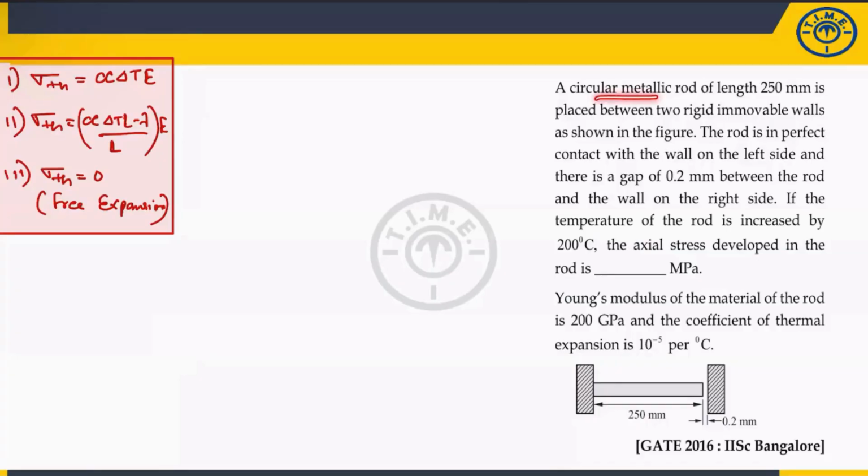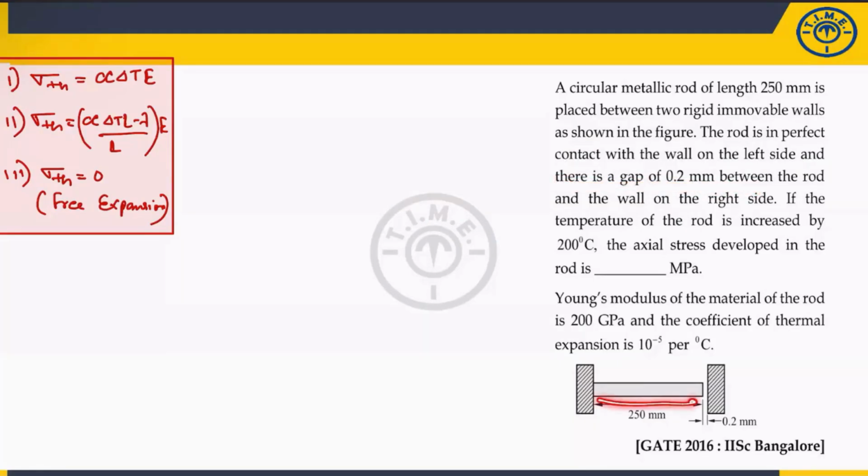What is this question? A circular metallic rod, of length 250 millimeter, is placed between two rigid immovable walls as shown in the figure. The rod is in perfect contact with the wall on the left side, and there is a gap of 0.2 millimeter.